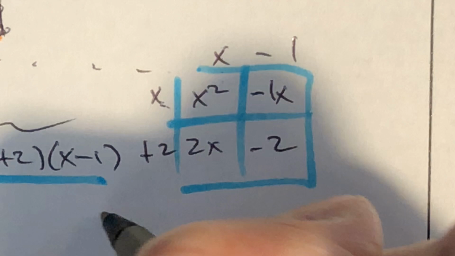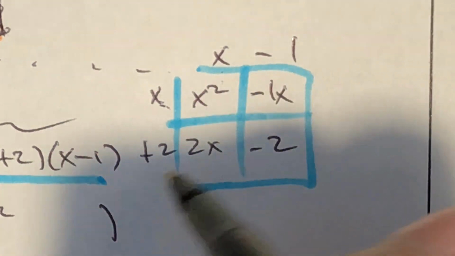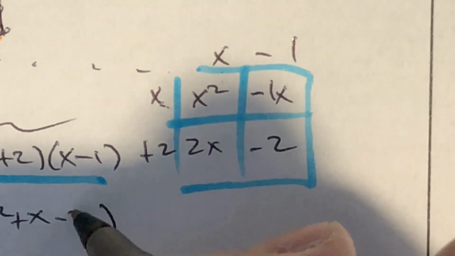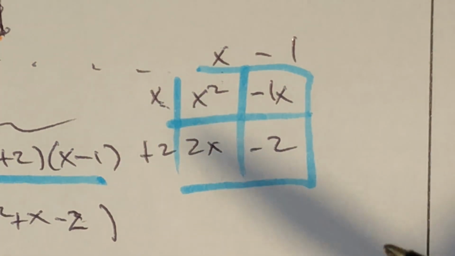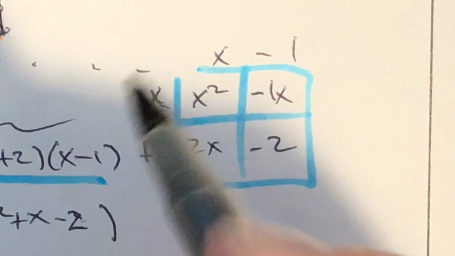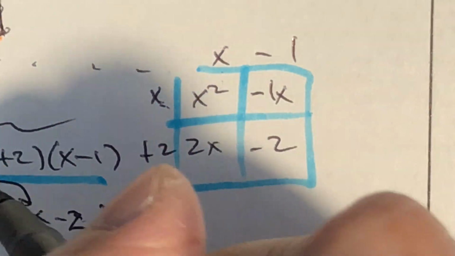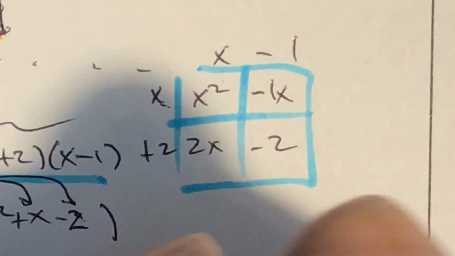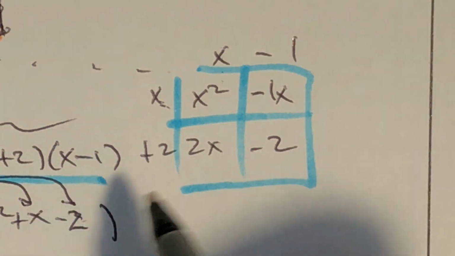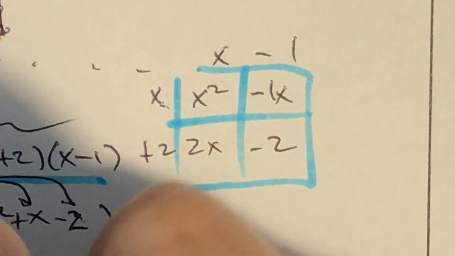And then I'm going to combine like terms, so x squared plus x minus 2. And then I'm going to go ahead and distribute, because that's what standard form does. And you will get negative 2x squared minus 2x plus 4.